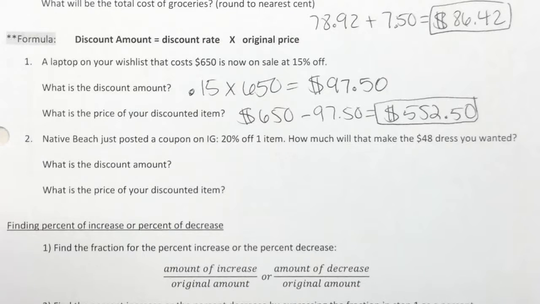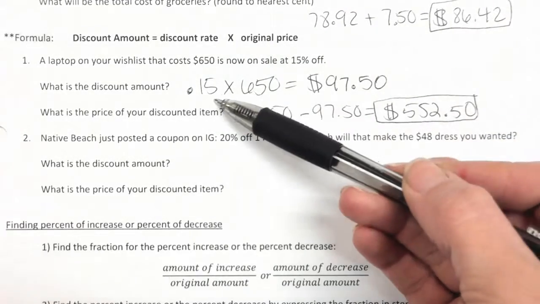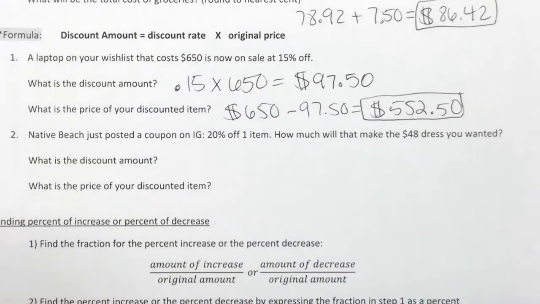Wait, how did you get 0.15? 15%, we have to divide it by 100 first to change it to a decimal. All right, do number 2 on your own, then I'll call on somebody. Bless you. Thank you.